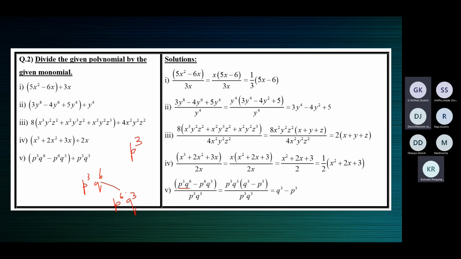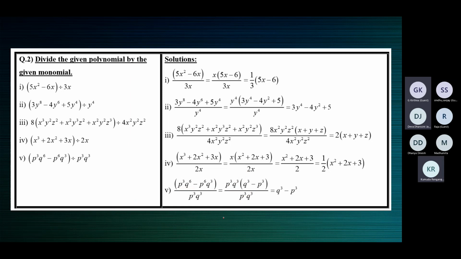And between q to the power 6 and q cubed, the least power q cubed is common. So this is the HCF of the two terms. This into this will give you the first term. This into this will give you the second term. Divided by p cubed q cubed, p cubed q cubed and p cubed q cubed get cancelled.